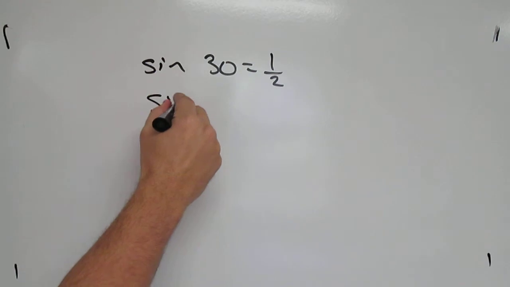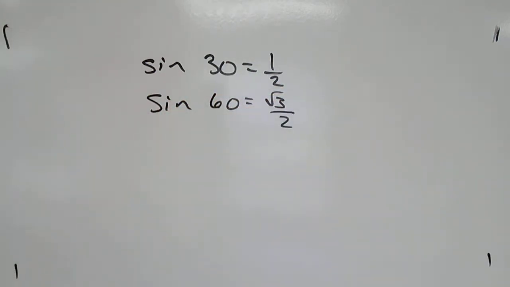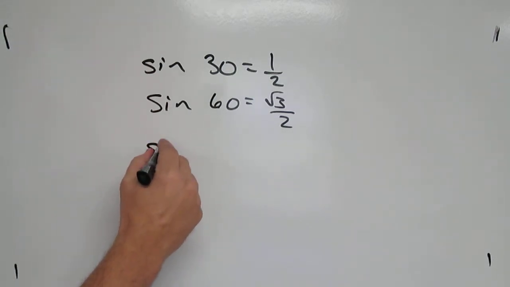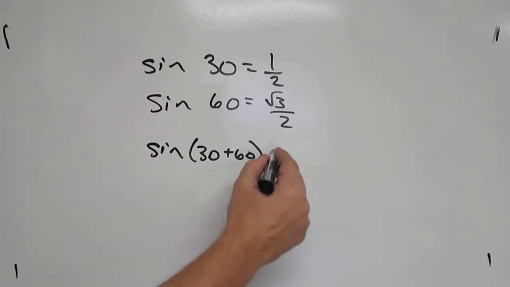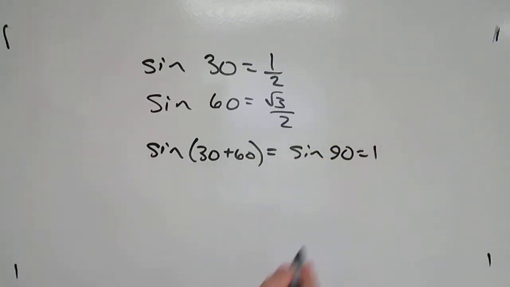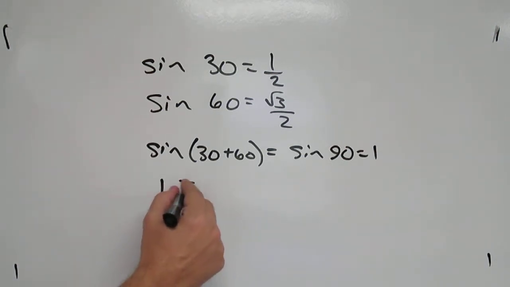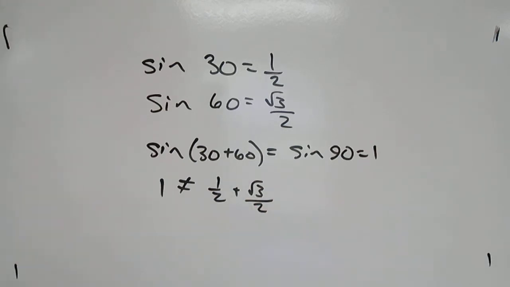And we'll take the sine of 60 degrees, which is equal to the square root of 3 over 2. If I take the sine of 30 plus 60, which is the same as the sine of 90, that's equal to 1. 1 is not equal to 1/2 plus the square root of 3 over 2.